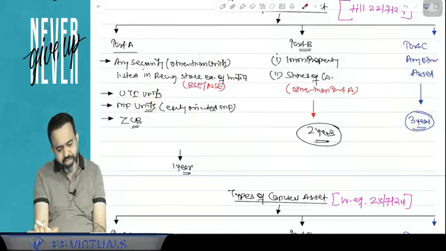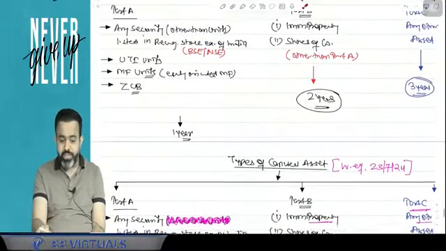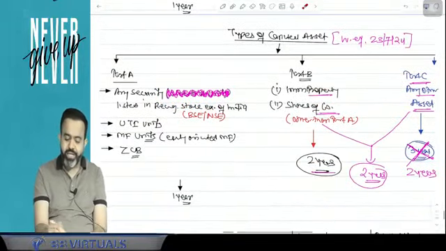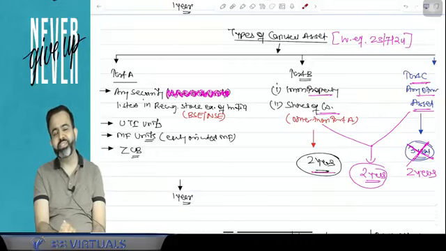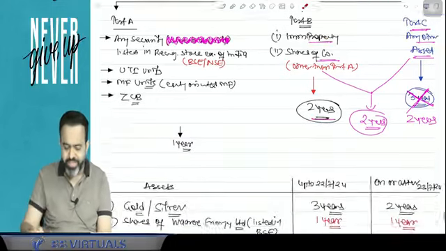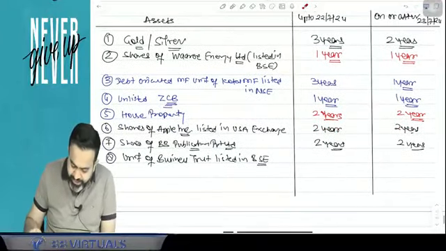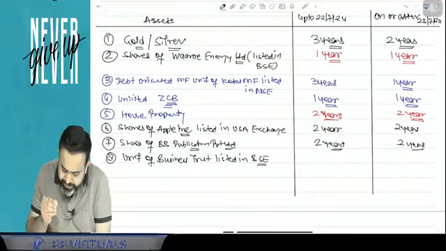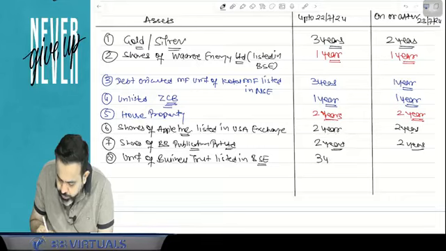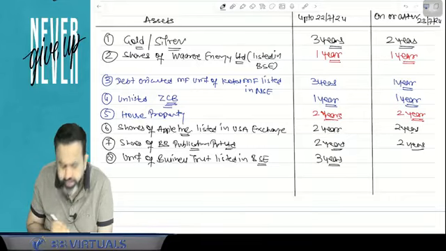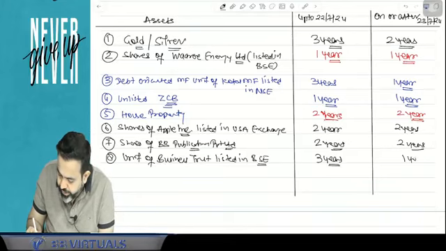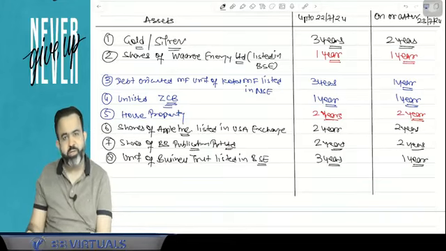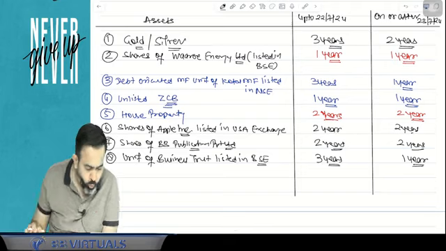But now they have removed the words other than unit. So can I say that now unit is covered here? So for a business trust listed unit, the period of holding is 1 year. Earlier we used to check the period of holding as 3 years, but now it is 1 year.